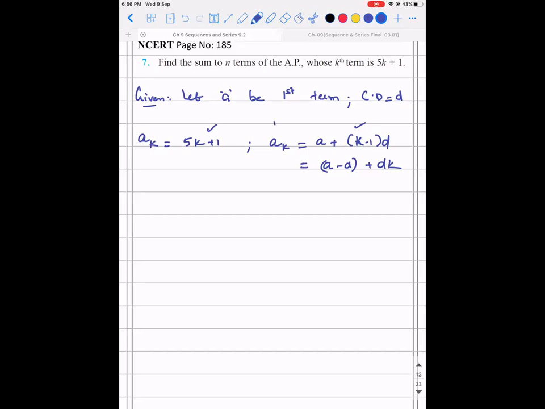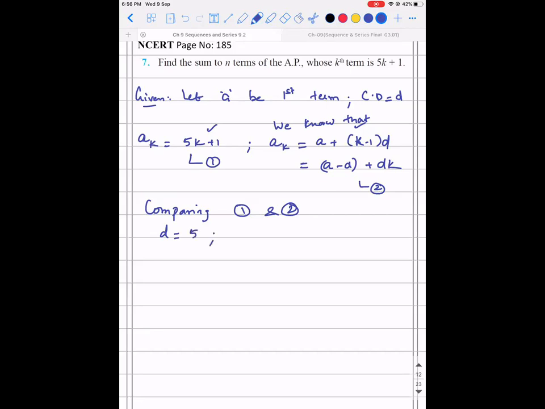Yes, sir. I've applied the formula. We know that the kth term is this thing. So comparing 1 and 2, we get d is equal to how much? Tell me.